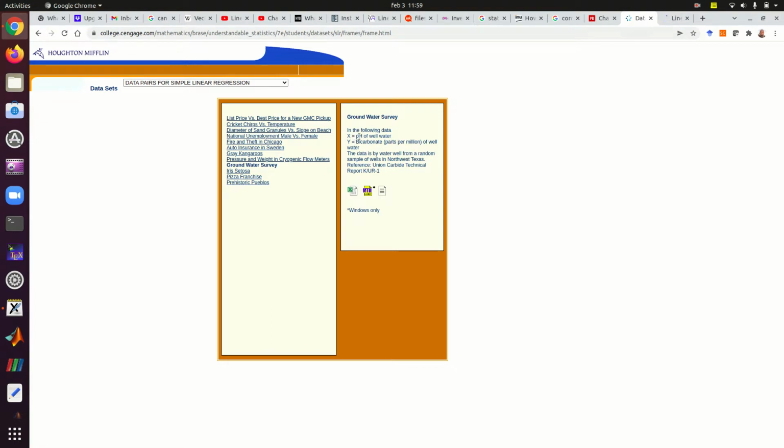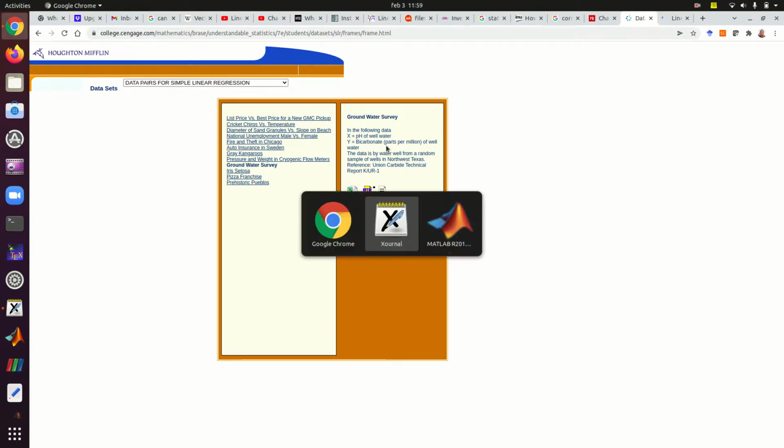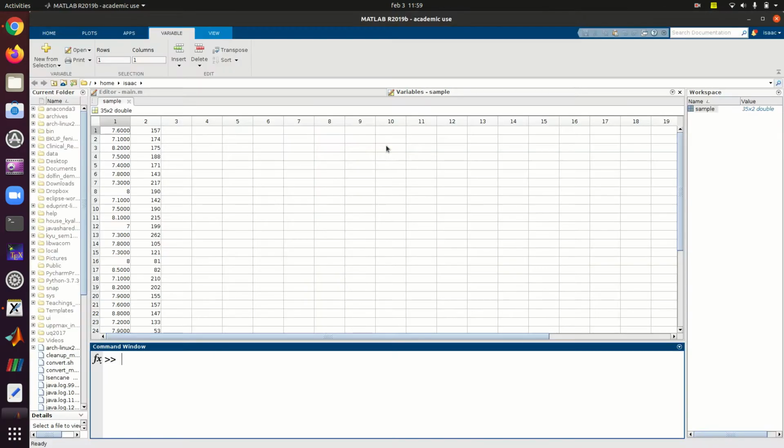The first column, X, has the pH of the well water, and the Y column has the bicarbonate in parts per million of well water, which is the concentration of the bicarbonate. I already downloaded it and imported it into the MATLAB workspace.